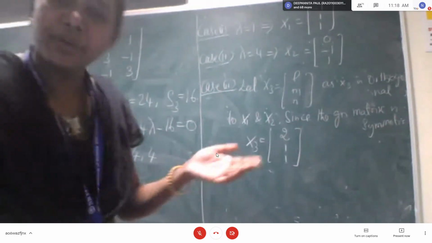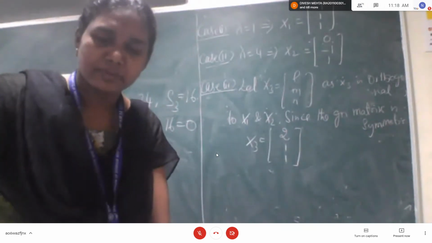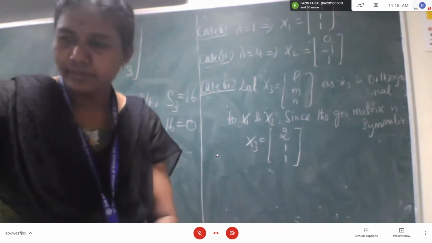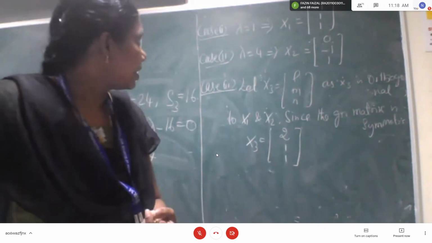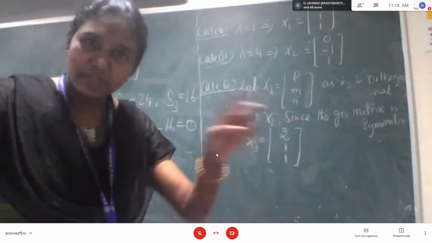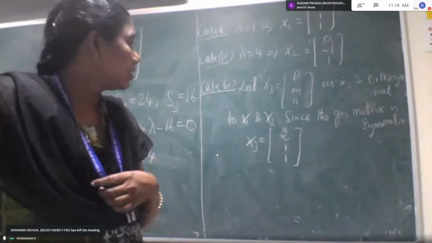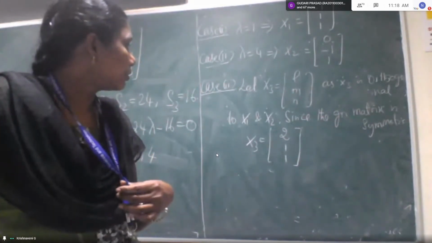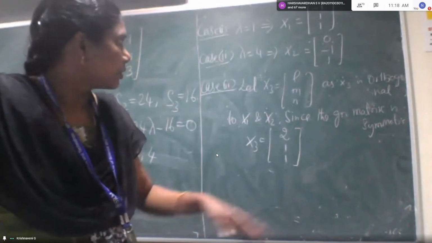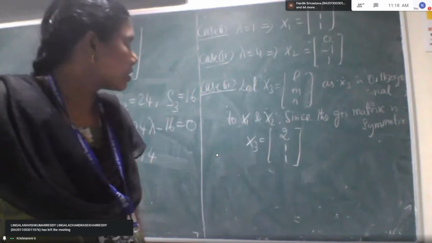I think the 0 will not come. Okay, no problem. You find the second eigenvector. When we check the orthogonal condition, we can easily identify our answer is right or wrong. This is right. According to that x1 and x2, the x3 is also right.